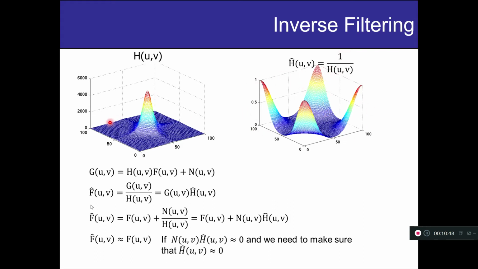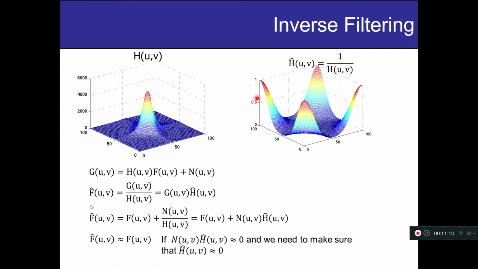Because at this corner H is very small, so 1 over very small becomes very high here. H at the maximum becomes the minimum value at the center. So this is 1 over H.